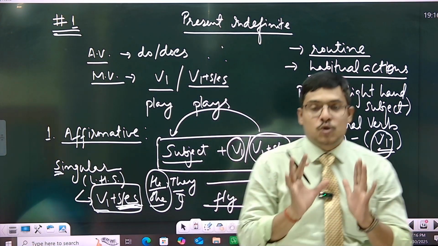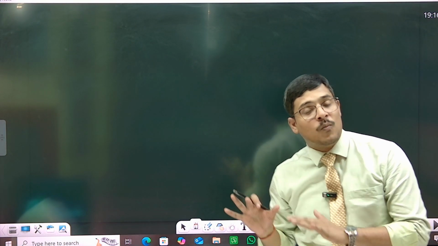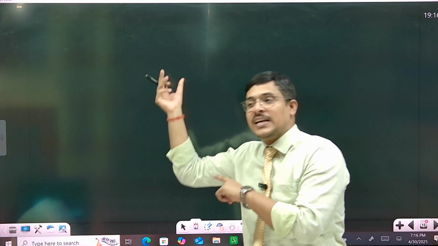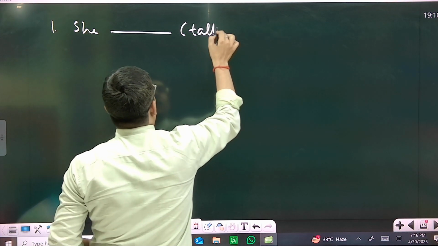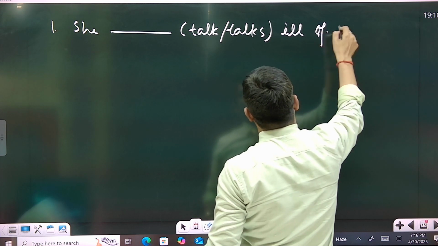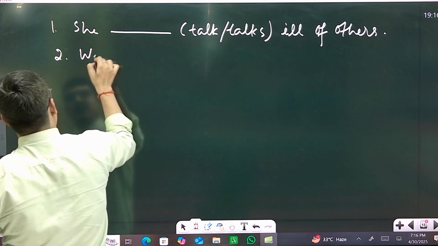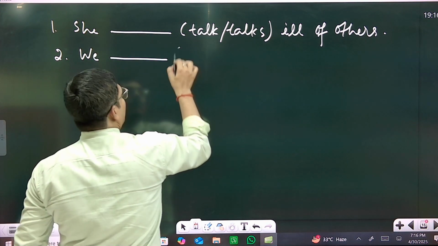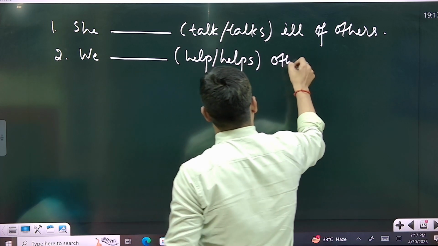Now, if you have understood it properly, I'm going to give you few sentences and you have to tell which form of verb goes best with the given subjects. Number one, she talks ill of others. We help others.